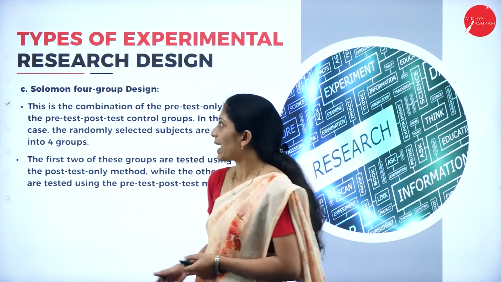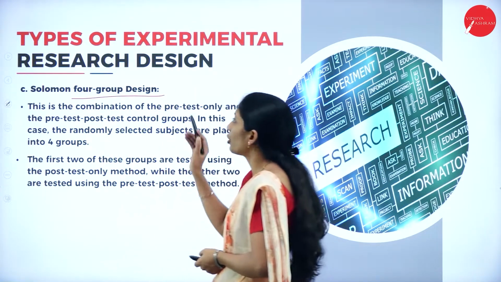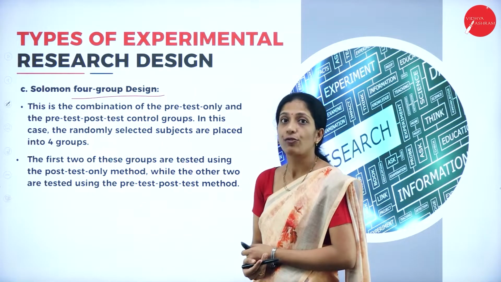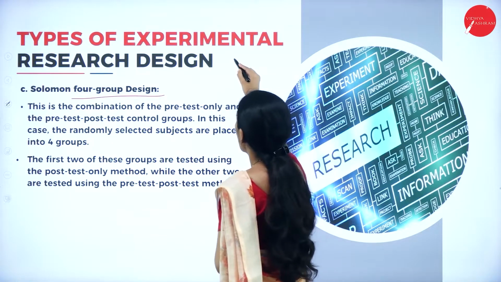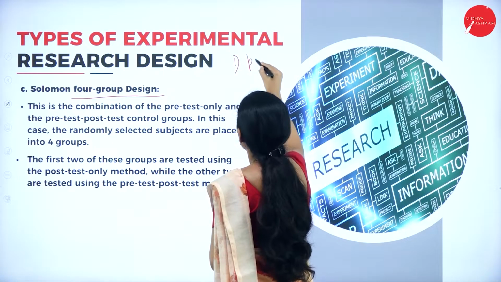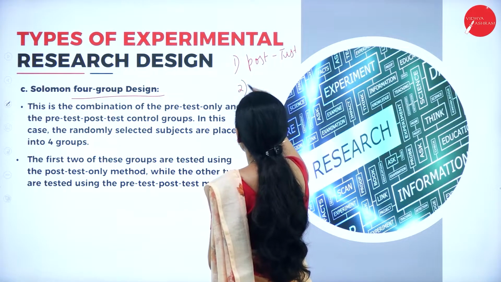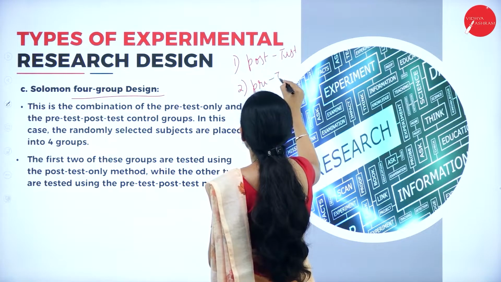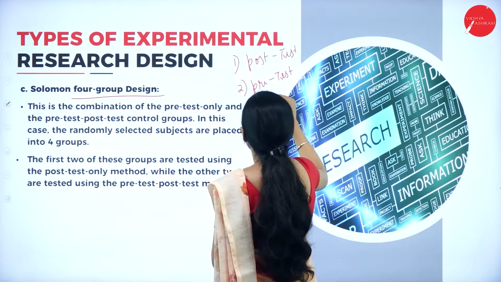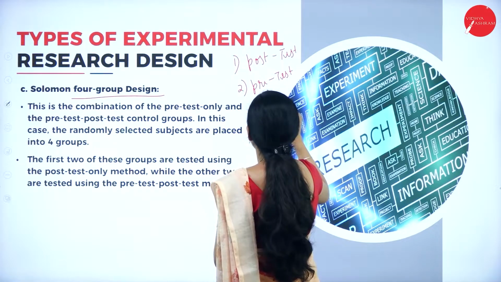And the third type is the Solomon 4-group design. Now, what is this 4-group design? Here we have a combination of the post-test only group, and the second group will be pre-test and post-test. So these will be the two groups here.